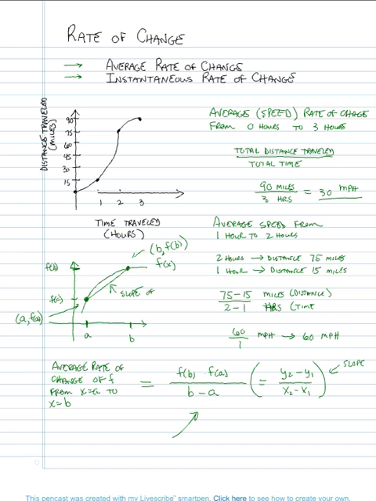Anyway, the slope of this line, it's called a secant line, my bad. It's called a secant line when we connect 2 points. The slope of this secant line is the average rate of change between those 2 points.